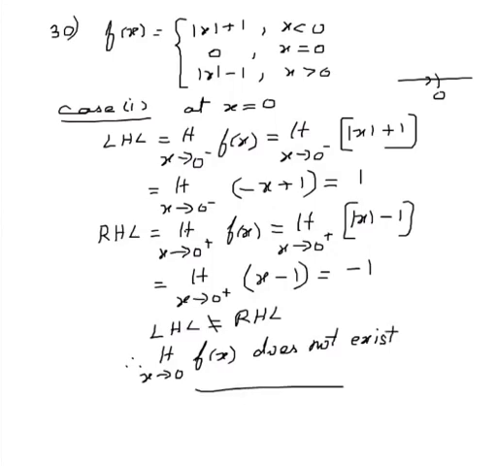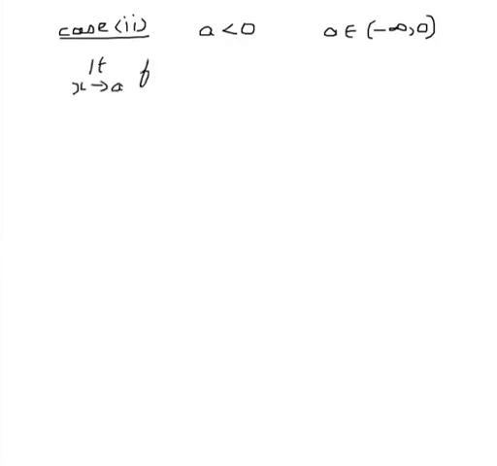Now we have to check for the other real values. Case 2, we will check for all negative real values, that is a belonging to the open interval minus infinity to 0. Here a is negative, so we need not do LHL and RHL. We can combine and do it as the limit as x tends to a of f of x. Here we know that a is negative.